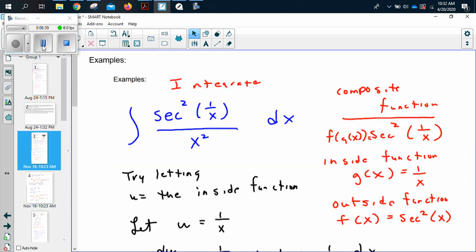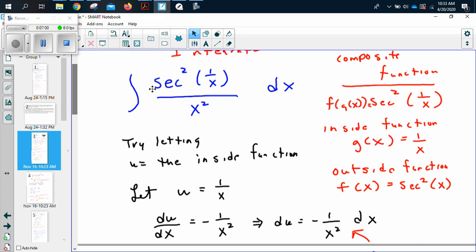So here's another example. We want to integrate this function. Now, we have a composite function. This is a composite, secant squared of 1 over x, and you can see that the inside is 1 over x, and the outside is secant squared. Let's try letting u be the inside function.